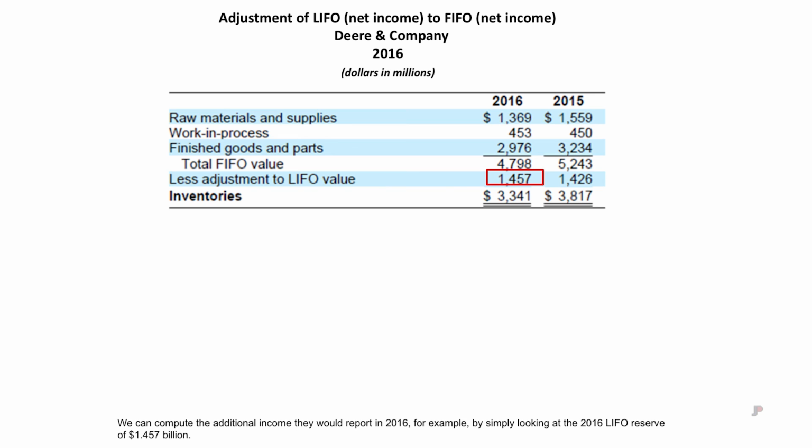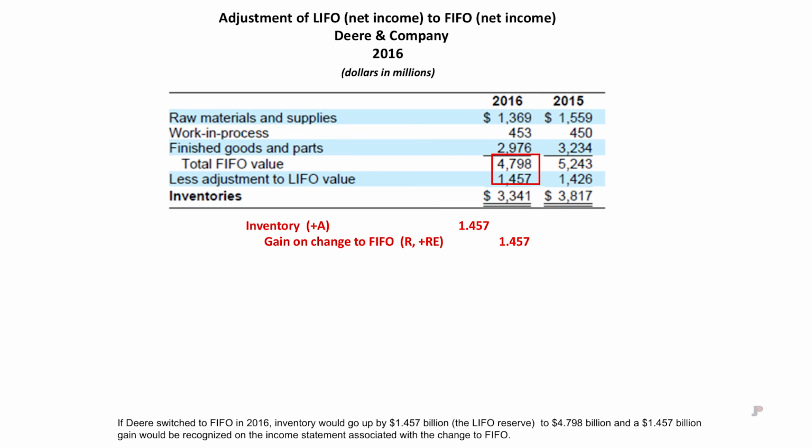We can compute the additional income they would report in 2016, for example, by simply looking at the 2016 LIFO reserve of $1.457 billion. If Deere switched to FIFO in 2016, inventory would go up by $1.457 billion, the LIFO reserve, to $4.798 billion, and a $1.457 billion gain would be recognized on the income statement associated with the change to FIFO.